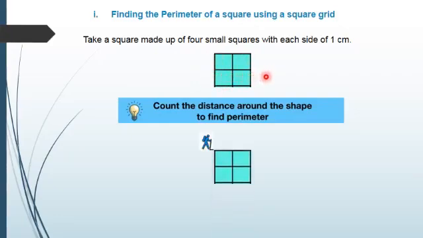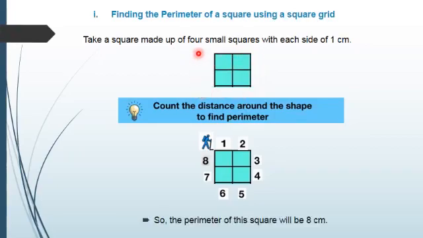If we imagine we are walking around the outside of the shape, we will walk like 1, 2, 3, 4, 5, 6, 7, 8 spaces. So it took us 8 spaces to move around the outside of this square. So the perimeter of this shape will be 8 centimeter.